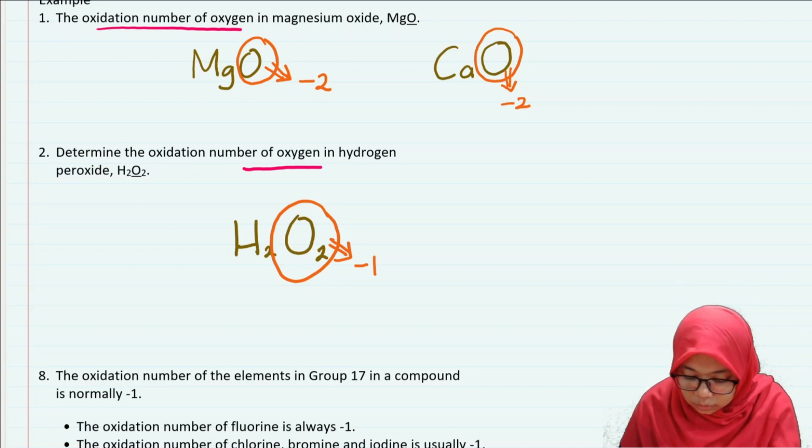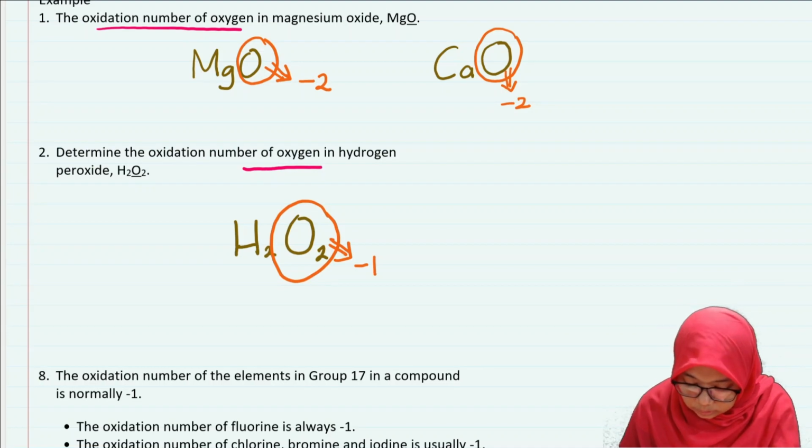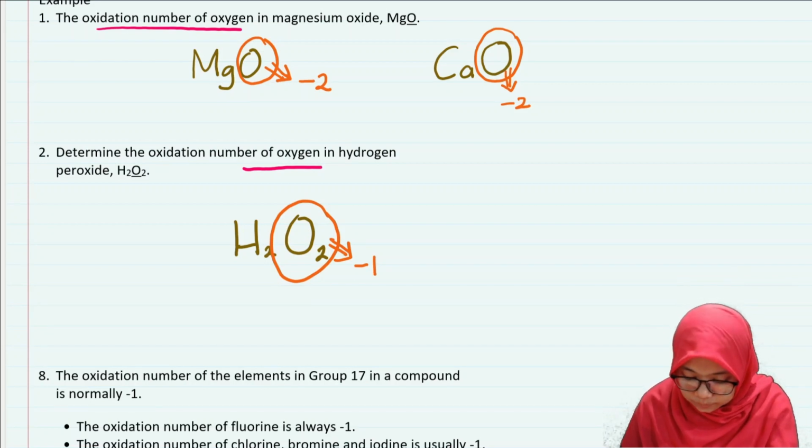This is the only kind of molecule that has oxygen with an oxidation number of negative 1. For all other compounds, the oxidation number is negative 2.